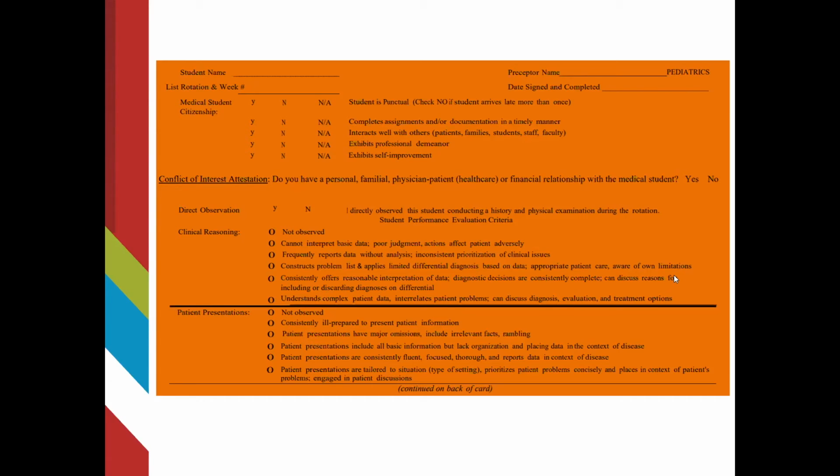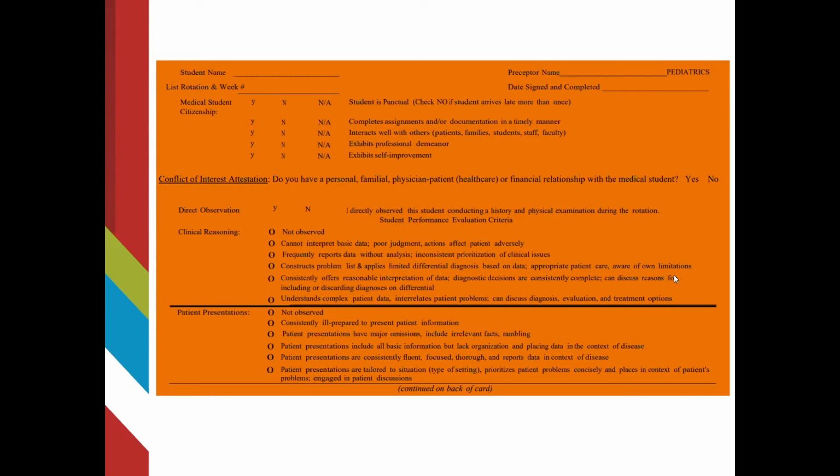This unfortunately happens already a couple times a year without us even prompting you guys to give us this feedback. And it's really important for us to know in real time, because if a student's having minor or moderate unprofessionalism issues, nothing egregious, and we're not able to give them feedback, if they repeat those behaviors during the clerkship, at the end, it's very hard for us to give them a failing grade without having given them feedback at some point.